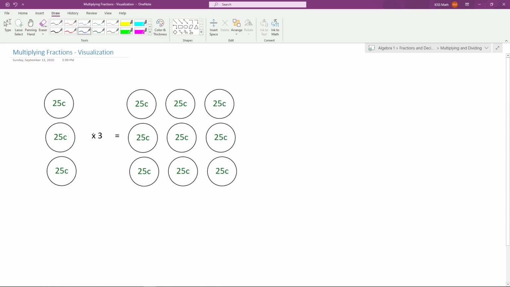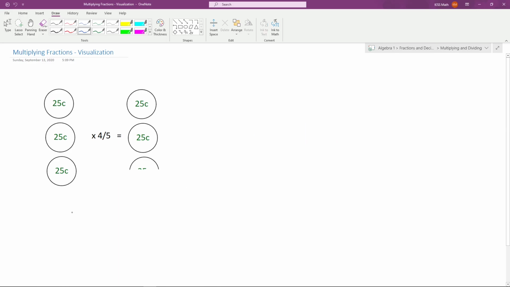And if I multiply my 75 cents by 3, then I have 3 sets of 75 cents, or a total of 9/4, which would be a total of $2.25. And you get the idea now.